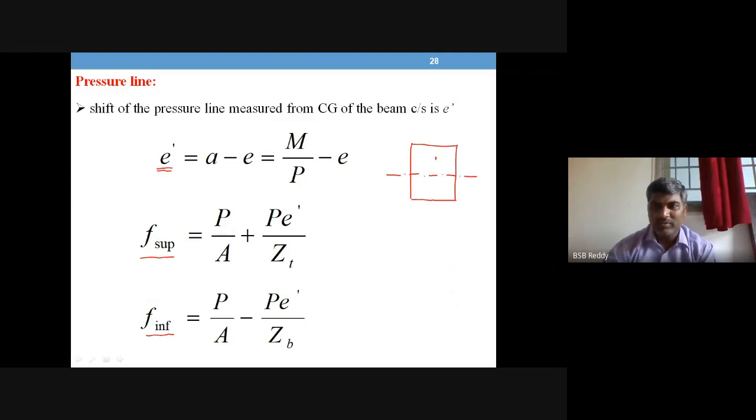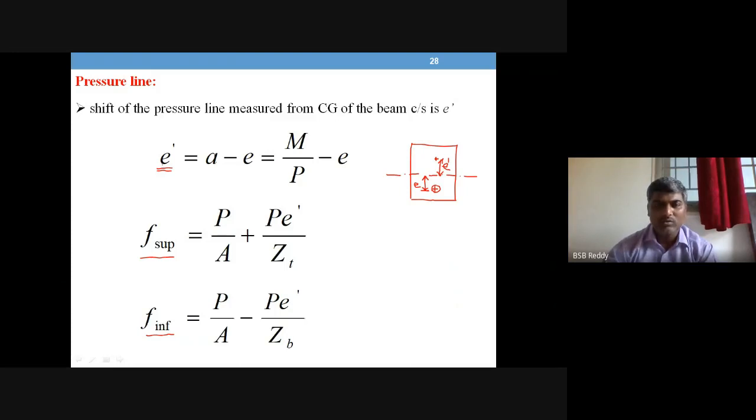Say, for example, if this is the CG of the compression and this is the CG of the cross section, this distance we refer to as the E dash value. Whereas E is different: it is the distance between the tendon and the CG of the cross section, called the eccentricity of the tendon. So this is the E value, and that's the clear difference between E and E dash.